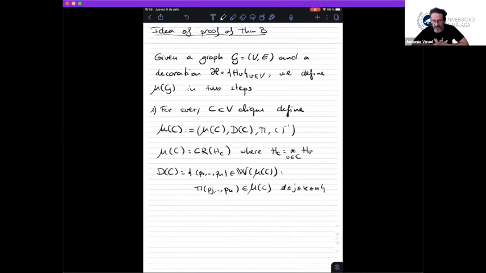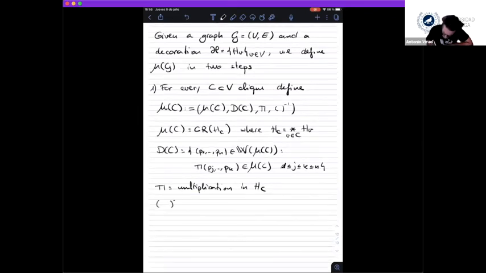So they are just sequences of group paths, such that whenever we take a subsequence and make the multiplication, which is a multiplication in H_C, then this is inverse in that free group.